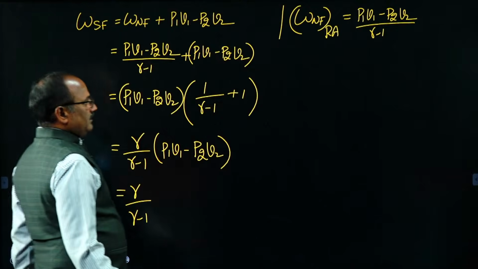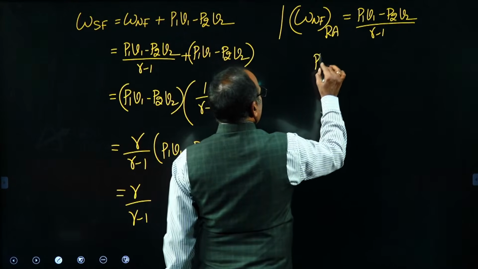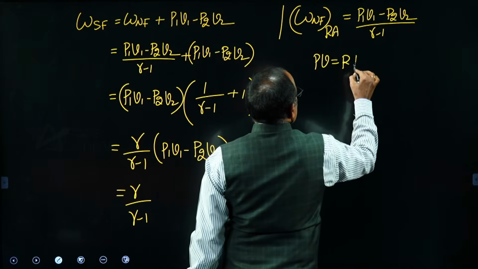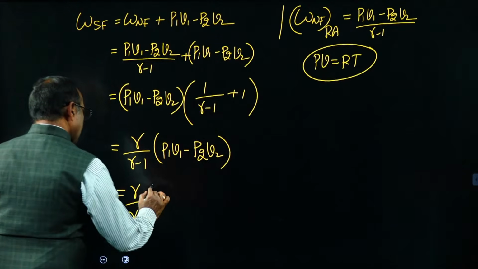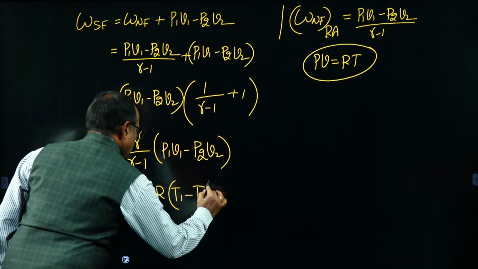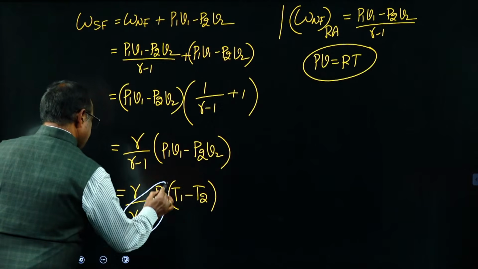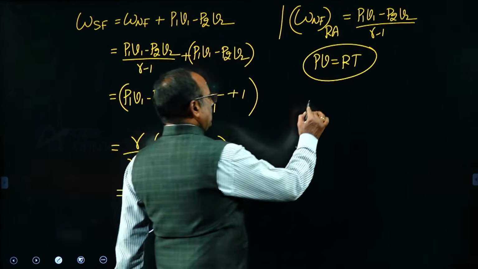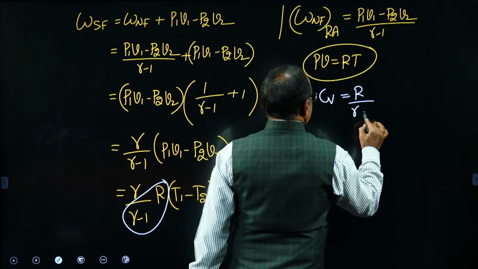You know, PV equals RT for an ideal gas. Then P1V1 minus P2V2 I can write as RT1 minus RT2. R is written outside. This R by gamma minus 1 equals Cv. Cv equals R by gamma minus 1.